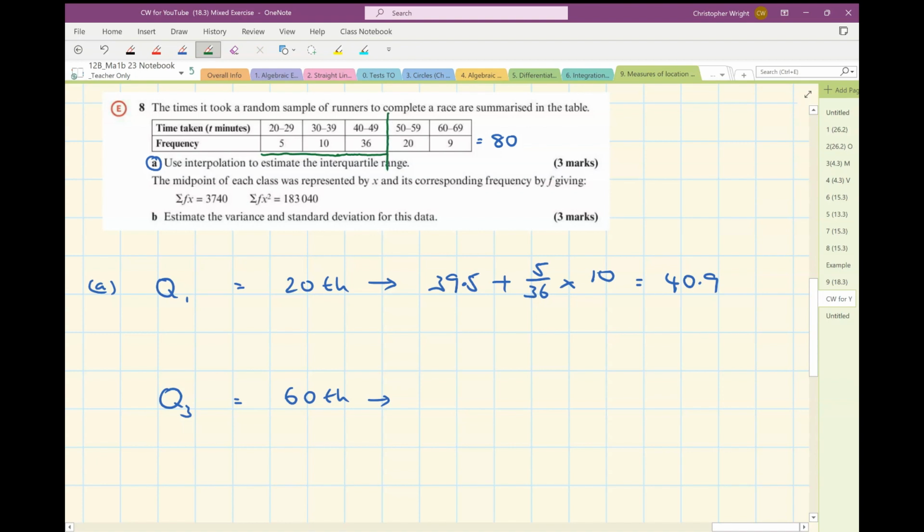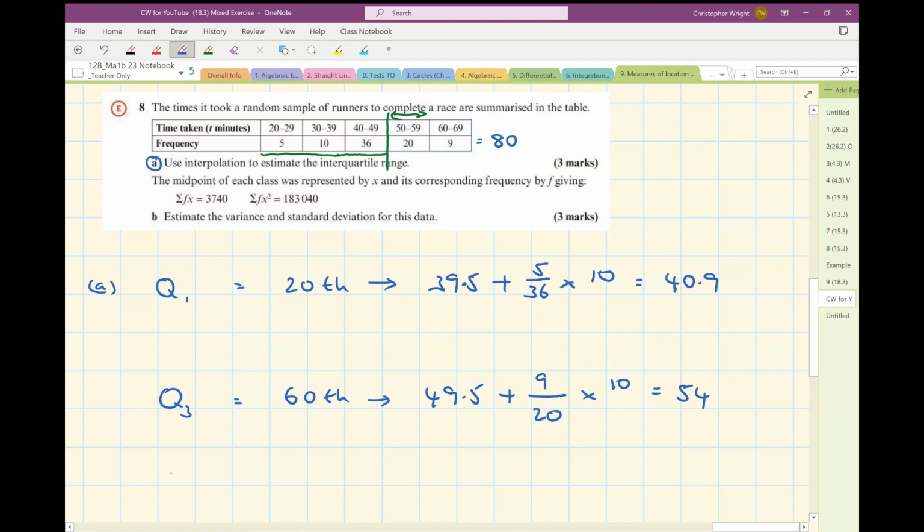And so my 60th runner is going to be in this class here. So that class begins at 49.5. How many did I say there were up to there? 50. There are 51, so I need to go 9 runners into that class, so 9/20ths of its width, and its width is 10. So that gives me a Q3 of 54.